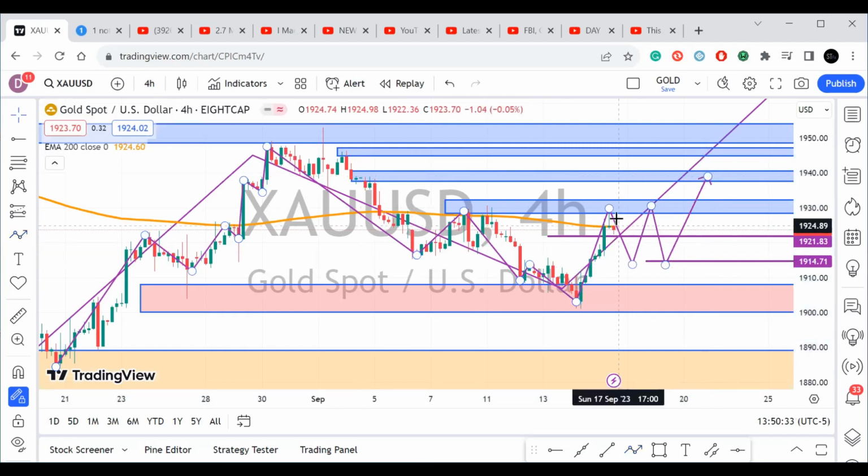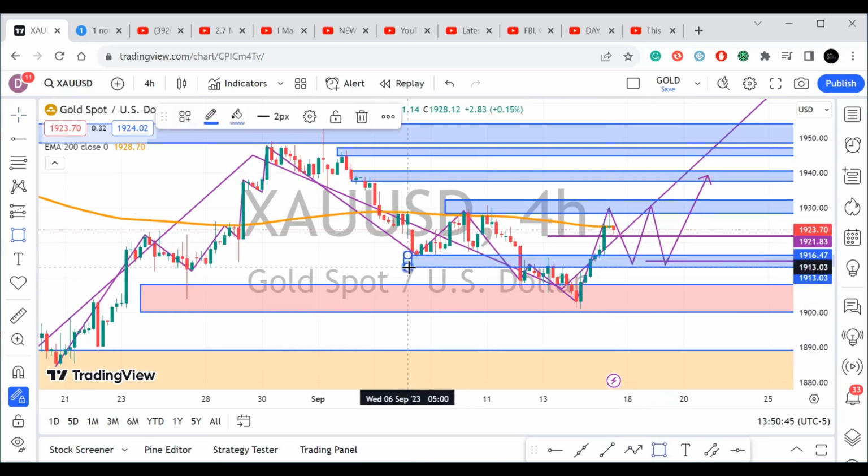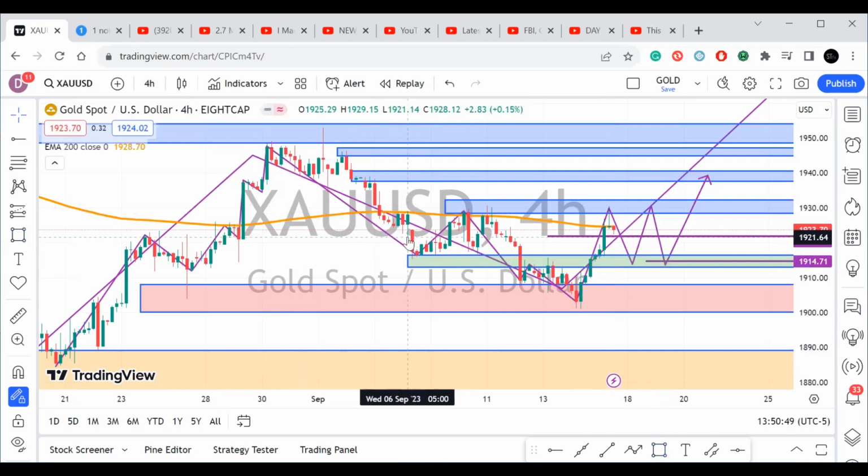Maybe this might be Monday, Tuesday, but like I said, I'm just going to wait. So I want to see how price reacts off this zone. I want to see how price reacts.